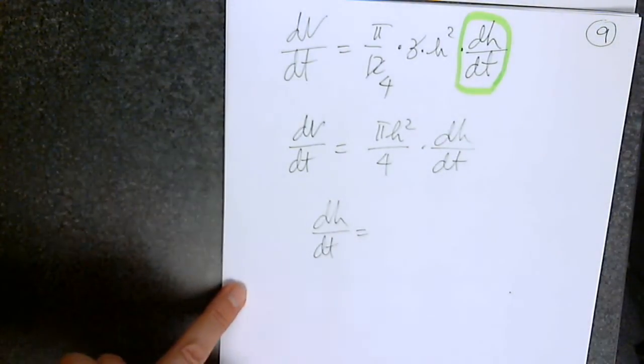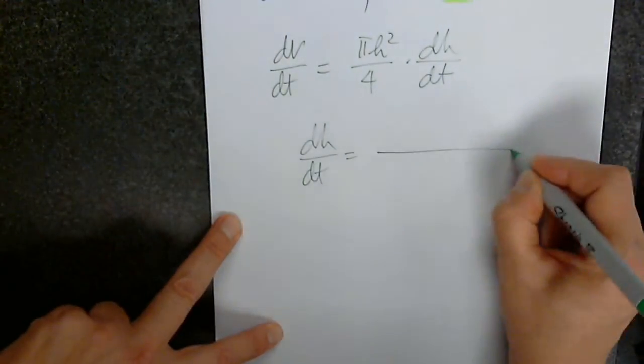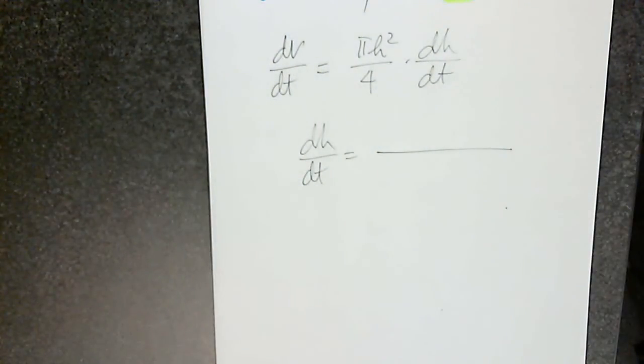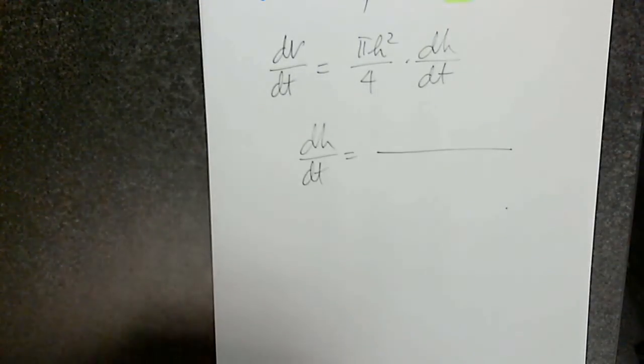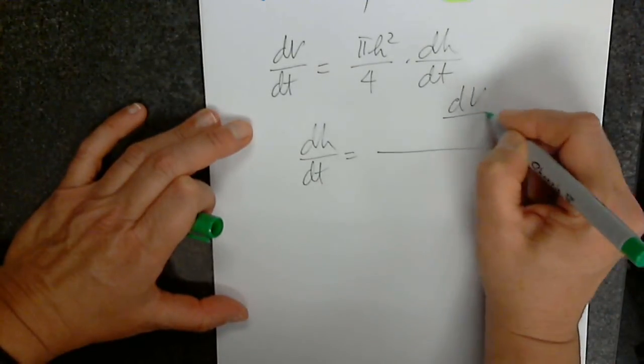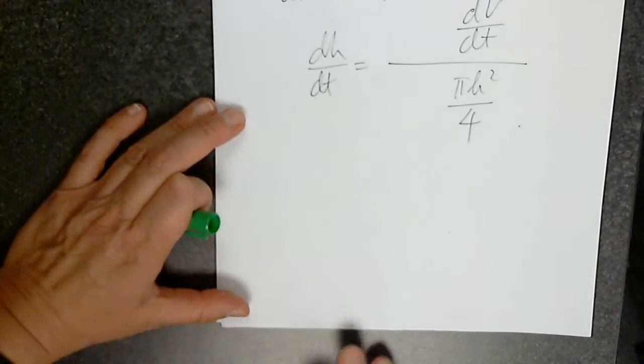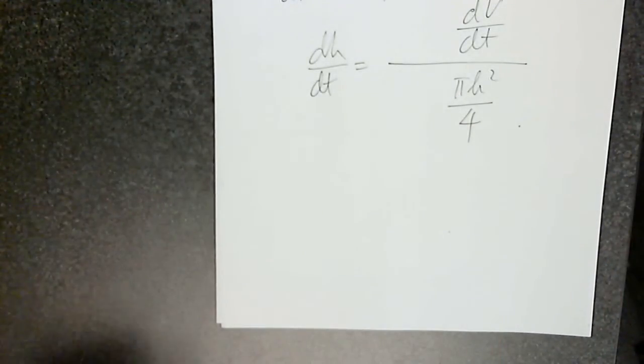Please tell me what to write. You get 4. Yes, you can if you want, but I will just write dV over dt over pi h squared over 4. But yes, you're right.